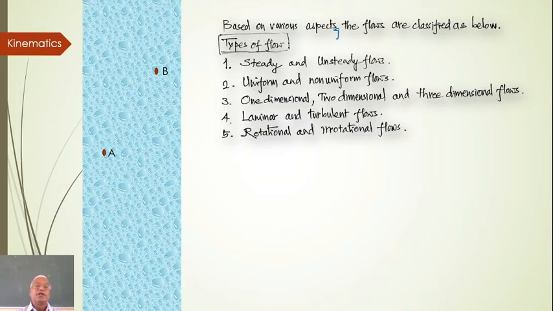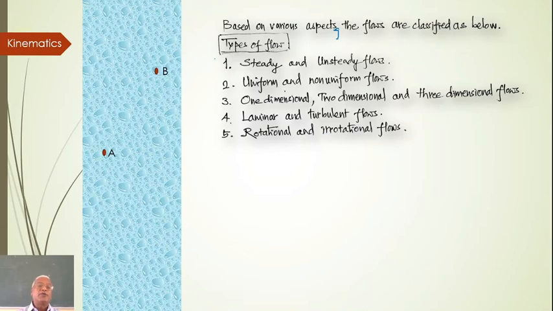What are the flows? Types of flow: 1, 2, 3, 4, 5. This is how the types of flows are classified: steady and unsteady flow, uniform and non-uniform flow, 1, 2 and 3 dimensional flow. The flows can be laminar flow and turbulent flow, or they can be rotational flow and irrotational flow. So all these 5 types of flows would be there.